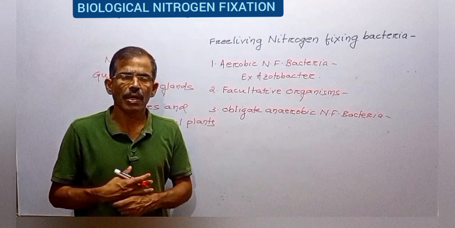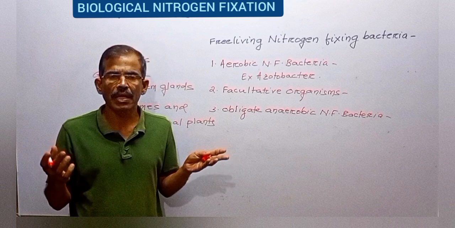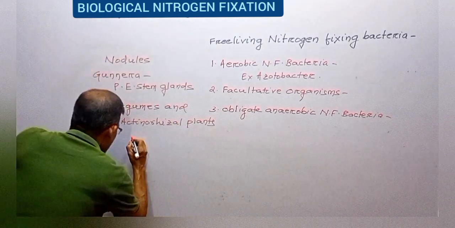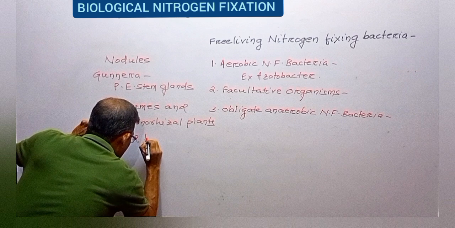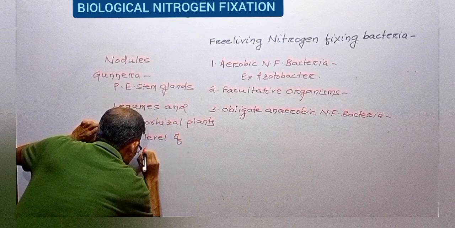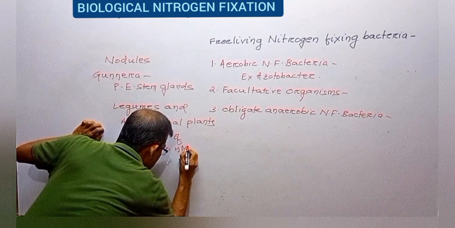Legumes and actinorhizal plants regulate gas permeability in their nodules, maintaining an oxygen level of 20 to 40 nanomolar.